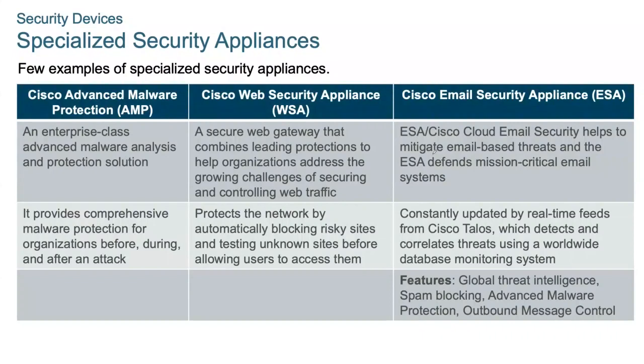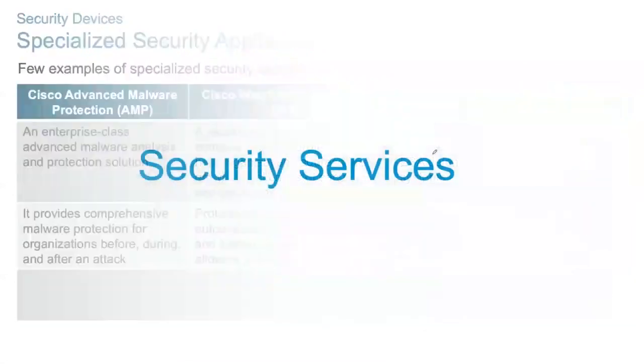If it is trustworthy, then based on the host request, that mail will be released. So these are some specialized intrusion prevention and detection systems which play an important role in your network.